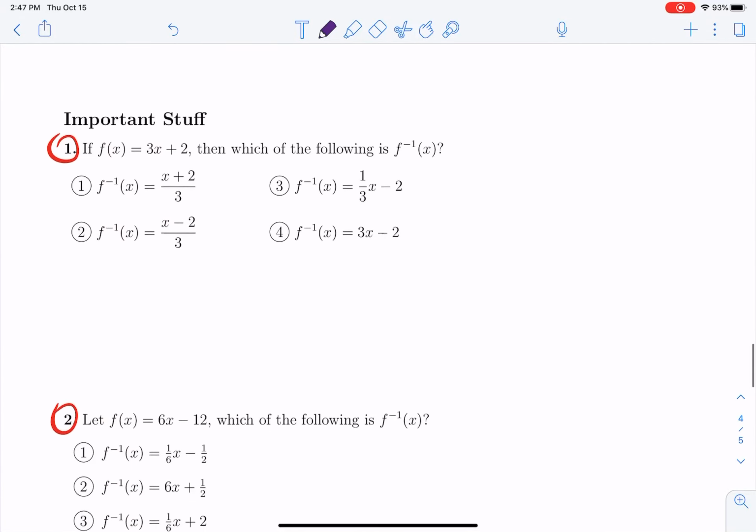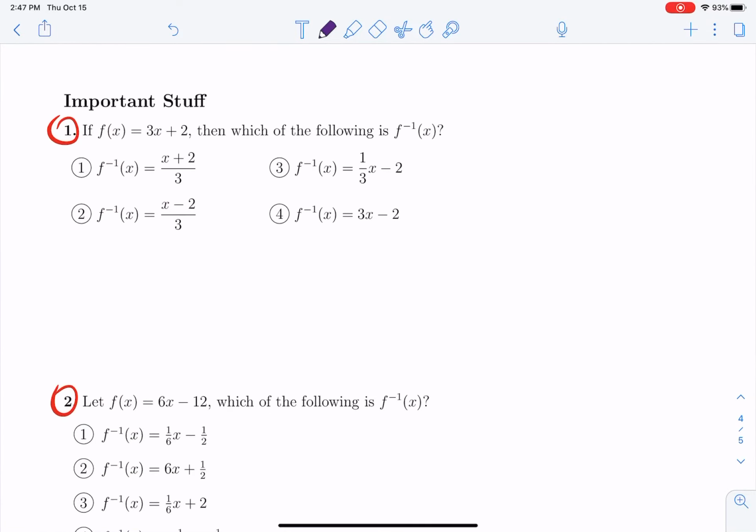All right, so for the important stuff, we're going to follow the same procedure that you saw above. So f of x equals 3x plus 2. I'll start by replacing f of x with y. My next step is to switch the variables. Okay, once I switch the variables, I solve for y.